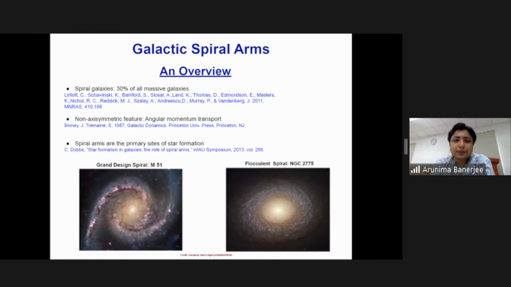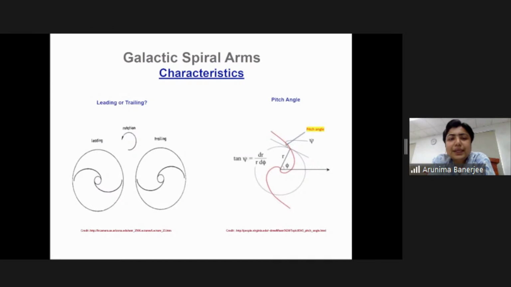Now, there should be some quantitative features. There should be some properties of the spiral arms which we can quantify. In order to understand the dynamics, we have to quantify the kinematics, right? So what are those characteristics? Firstly, let us understand what is a leading or a trailing spiral arm.